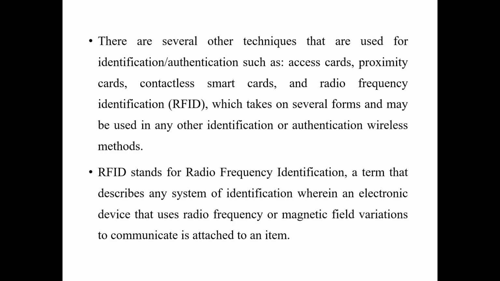Compared to RFID, some other techniques are available, but here it's used for authentication. It describes any system of identification in electronic devices, and it uses radio frequency to communicate with a tag attached to an item or object.